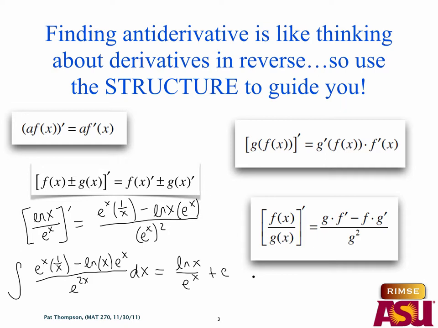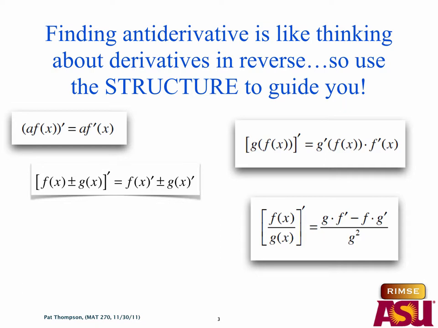Now, something that would be fair game for the test is something using this rule, okay? So the chain rule is a rule that spits out something of the form of a product, right?